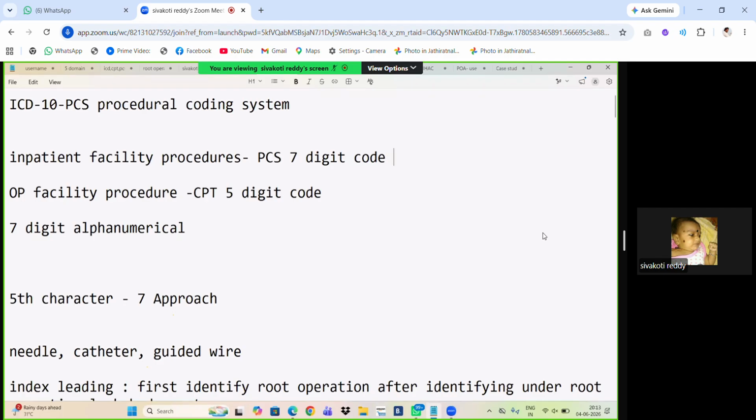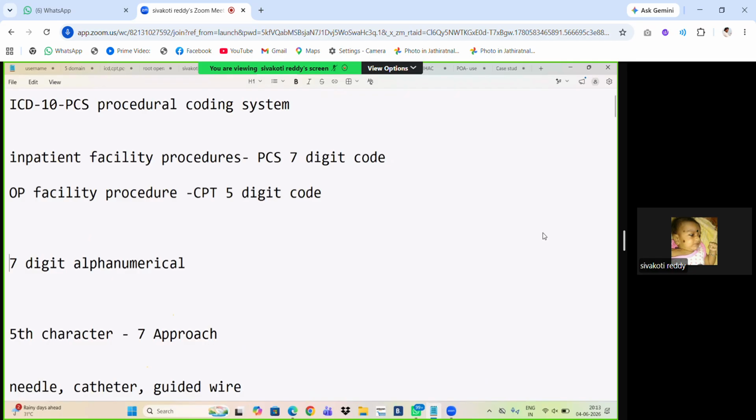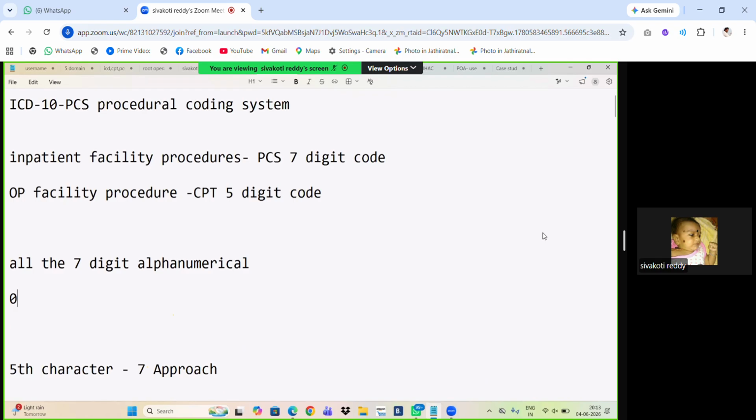This is the difference for procedure. Now we are going to discuss PCS. So all the PCS codes are 7-digit alphanumerical codes. You will get all the letters and numbers except O and I. Because of the confusion of 0 and 1, they are not using O and I in the codes.